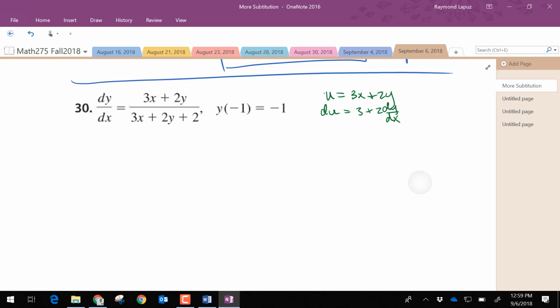Oops, this is du/dx. So dy/dx should be, what is it? du/dx minus 3, divide the whole thing by 2.